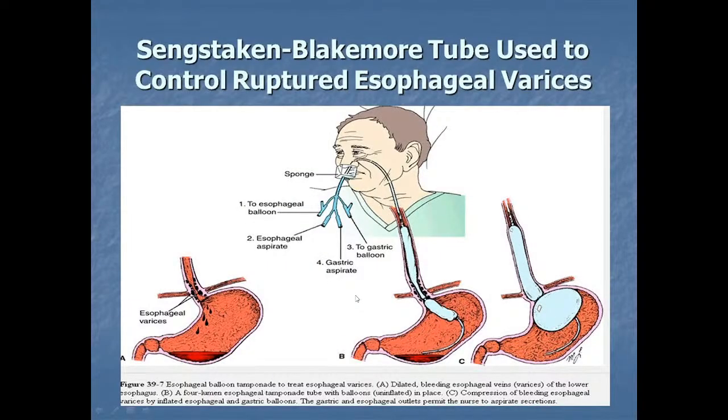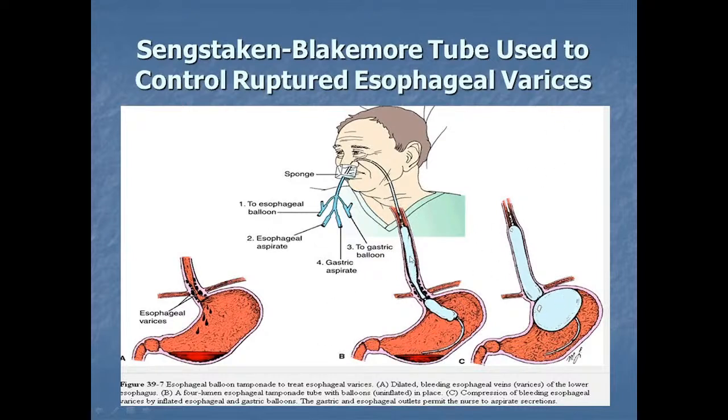Student, next method of stopping the bleeding from the stomach. We can use the tube of Blackmore. The Blackmore tube is used to control rupture of esophageal varices.